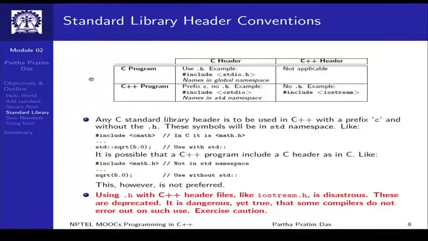This is a very dangerous proposition, because you are making a mistake. iostream.h, or for that matter any C++ standard library header with a .h extension, has been deprecated, they are no more in use, but some compilers still continue to allow them because they were written before all these changes were done in the C++ standard. So, please keep in mind these conventions of standard library headers.